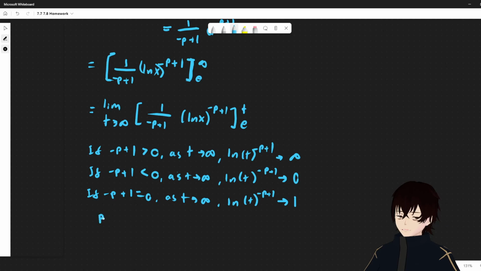If p is greater than 1, then natural log of x over negative p plus 1 to the power of negative p plus 1.